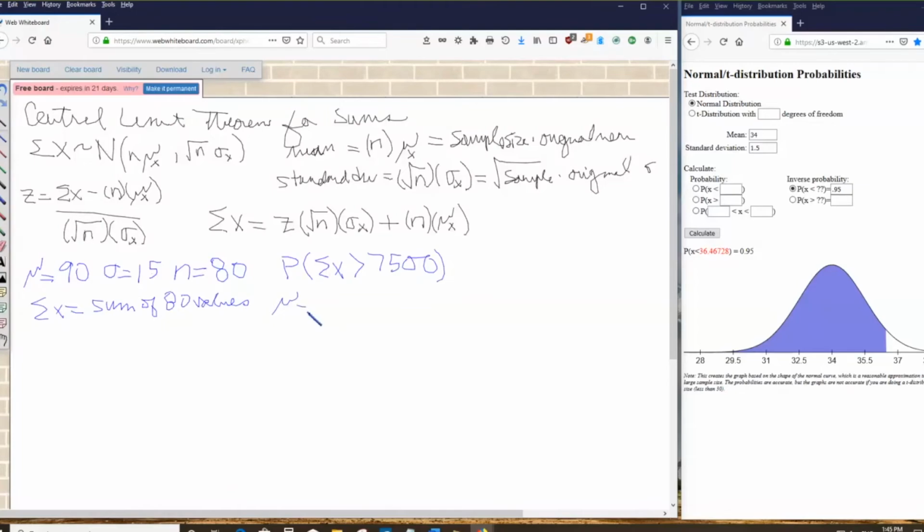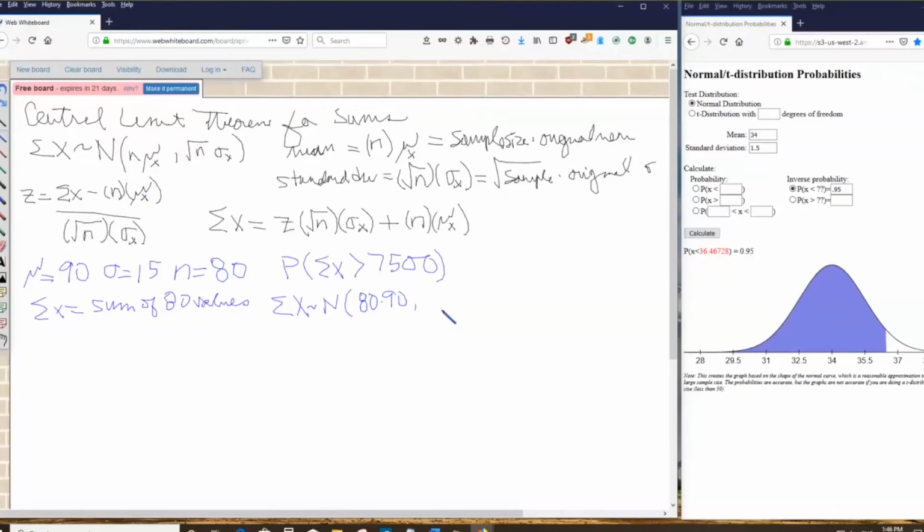My notation is going to be the summation of x, normal distribution, and then, because I have my formulas, n times the mean, it's going to be 80 times 90, since 90 is my mean.